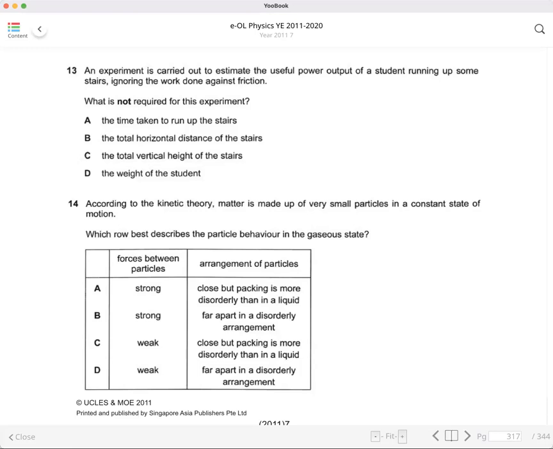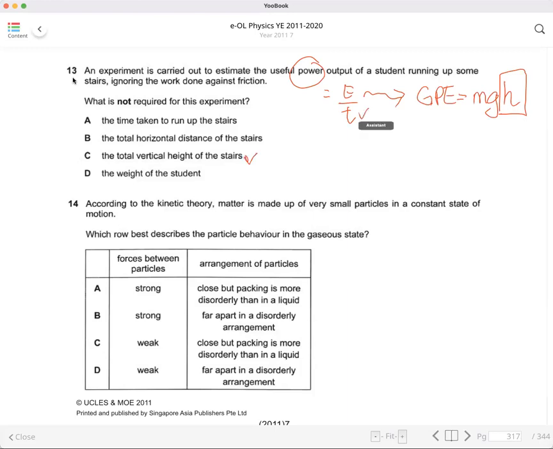Xiao Xing, well done. Okay, so for 13, the power is the same as energy over time. So what energy are you gaining from here? The energy you're getting from here is gravitational potential energy, which is mgh. So you need to know the height, which is the vertical height of the stairs.